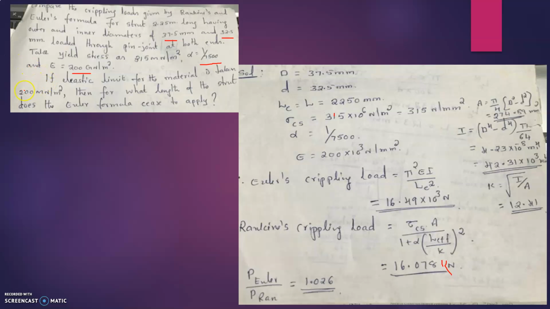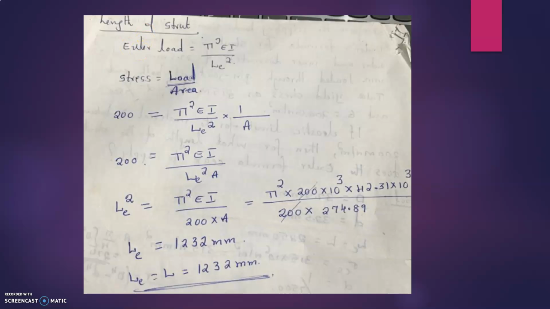After that, in the second part, if the elastic limit for the material is taken as 200 meganewton per meter square, for what length of the strut does Euler's formula apply? Now we know that Euler's load is equal to pi square EI divided by LE square. Stress is load divided by area.